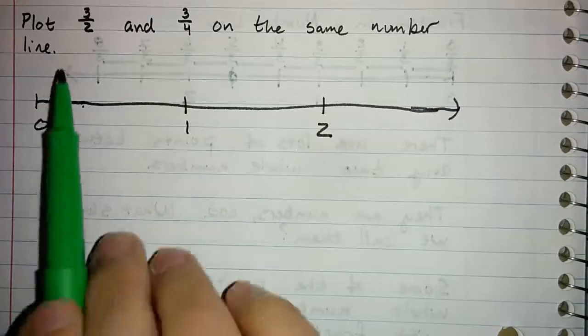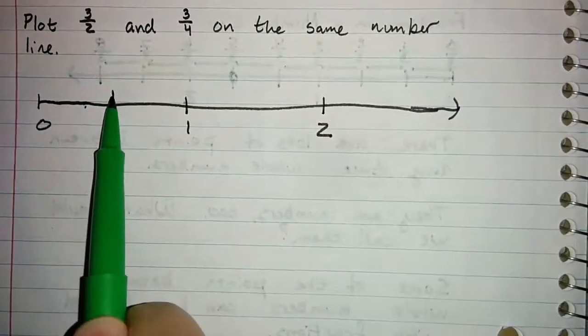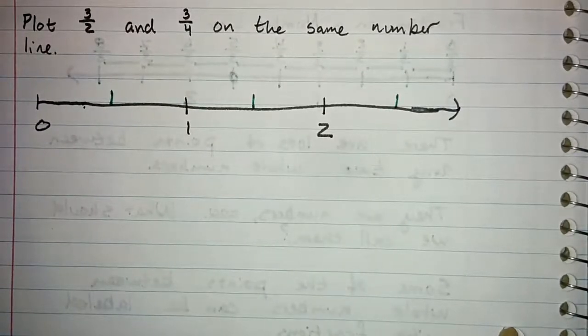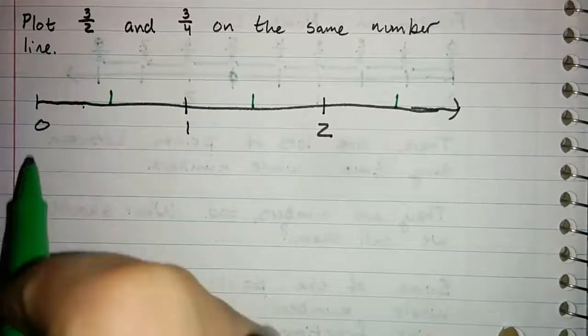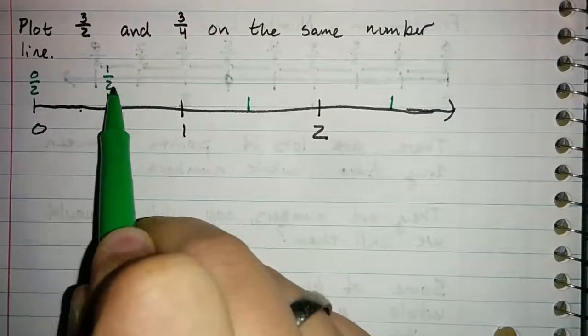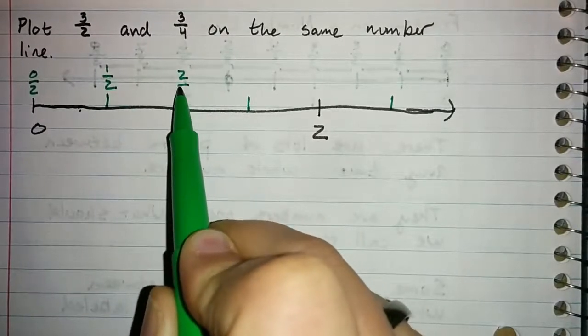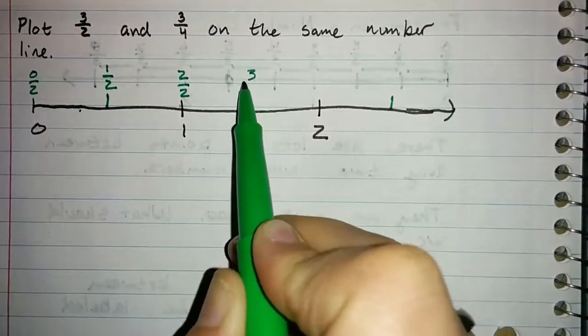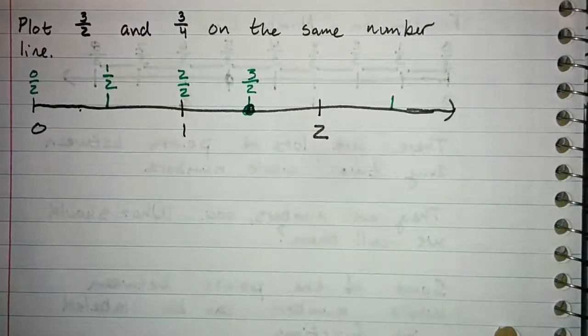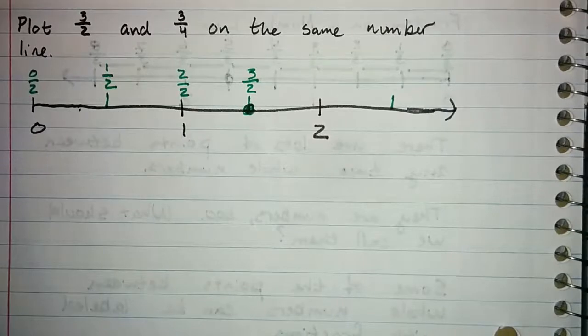To plot 3/2, we're going to have to divide each unit into 2 equal parts. And then we'll mark 0/2, 1/2, 2/2, 3/2. There we go. This point is 3/2.